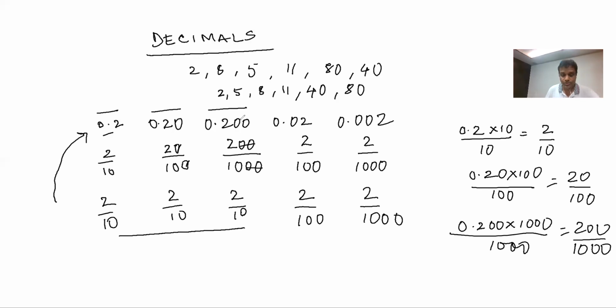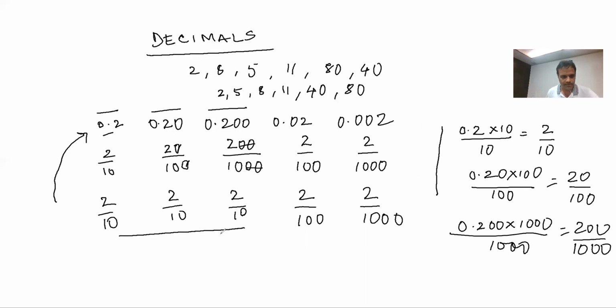Though 0.200 looked much bigger than 0.20, and 0.20 looked much bigger than 0.2, in actual fact they are the same. And how can we find it? We can find it by converting them into simple fractions. We have already done this in class 5, so we can just revise how to put a decimal into a fraction.